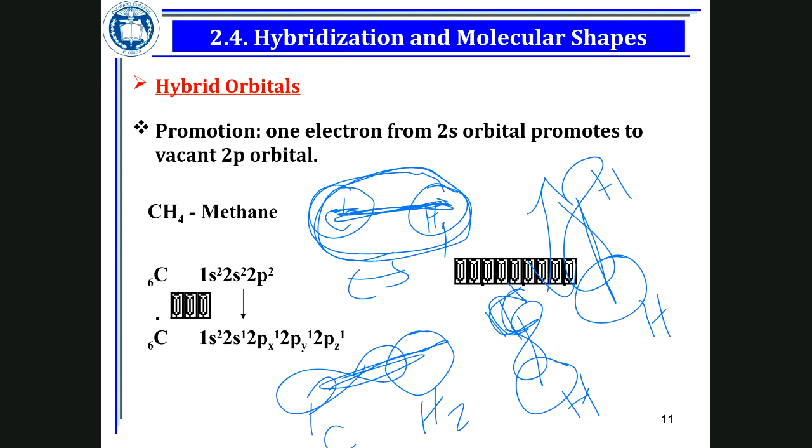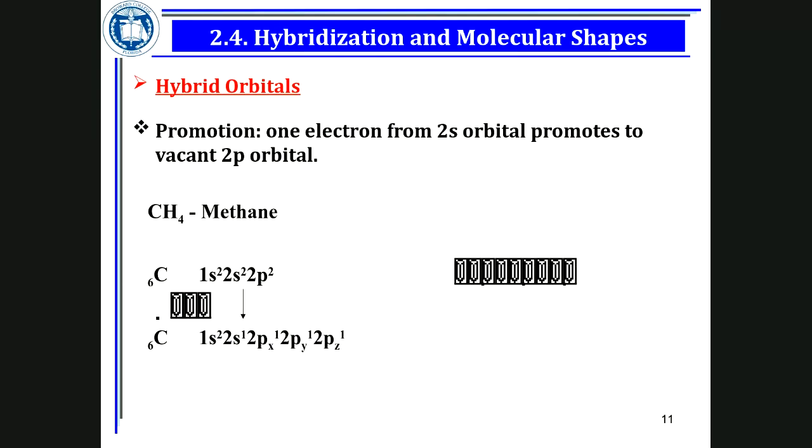Now, if that is true, when carbon forms bonds with 4 hydrogens, you are going to have 1 short bond and 3 long bonds. If one of the orbitals from carbon is s and the other 3 are p orbitals, when they form the bonds, you are going to end up with 1 short bond and 3 long bonds.